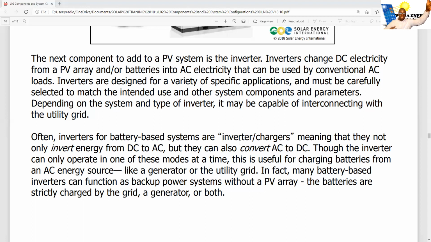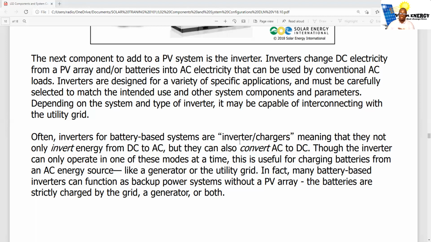Once your battery is fully charged, the generator goes off and your house starts getting current. The DC current in the battery goes directly into your inverter, and your inverter gives you AC current. Hope you understand. We're going to have question and answer.